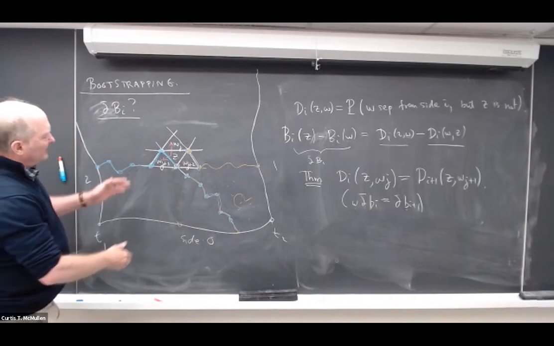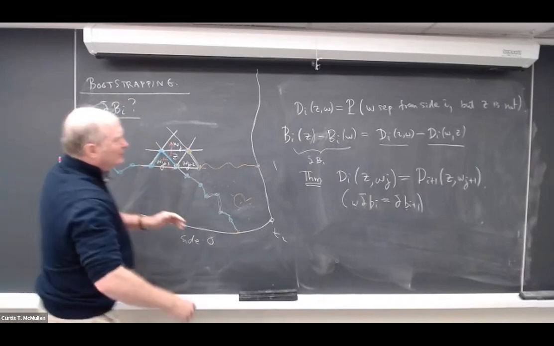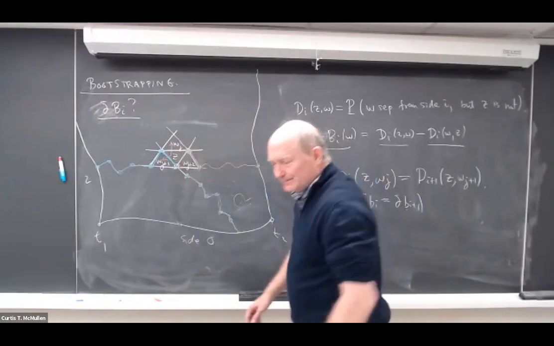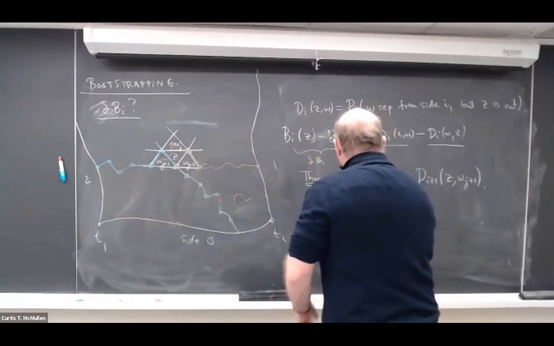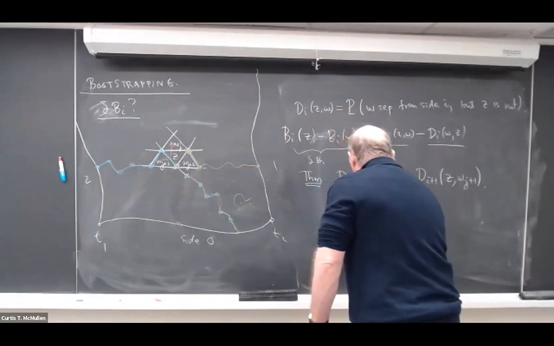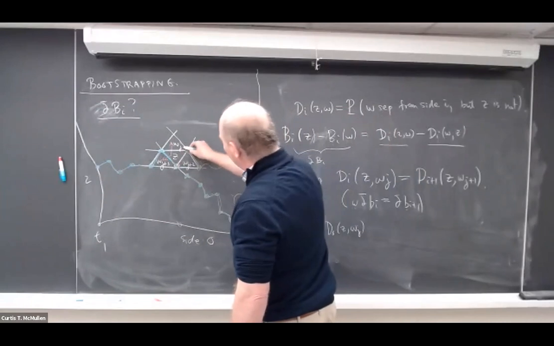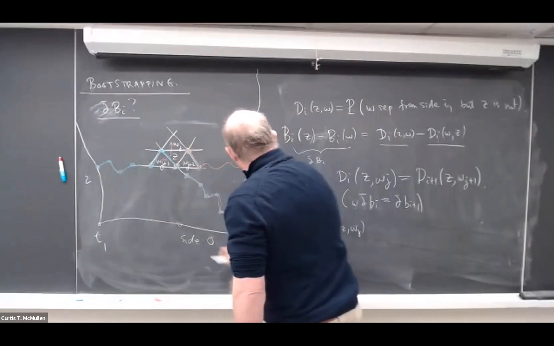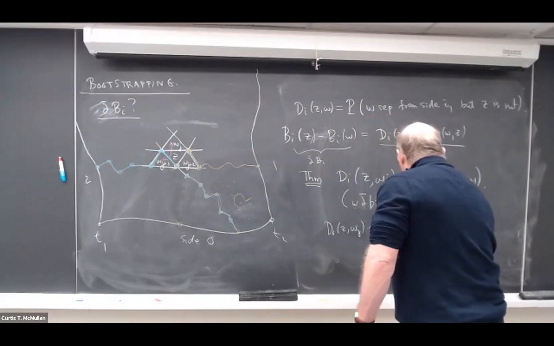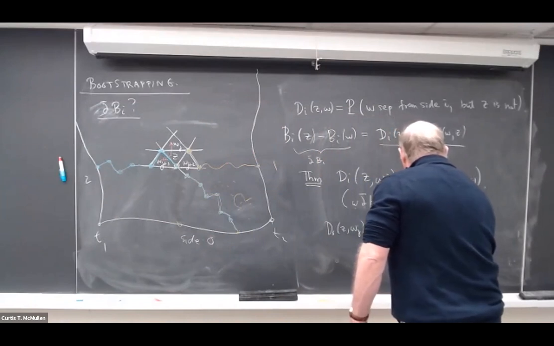So in other words, for each event, what this is showing is that D0 of ZWJ, which was the event I started with, separation from side 0, is the same as D1 of ZWJ plus 1.